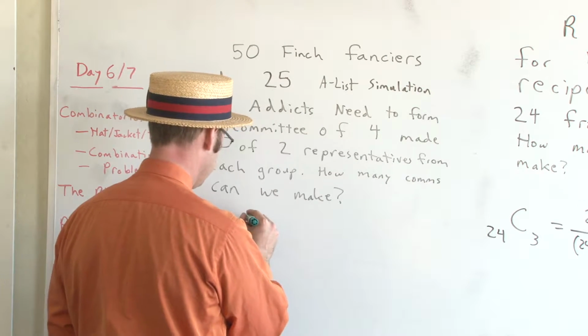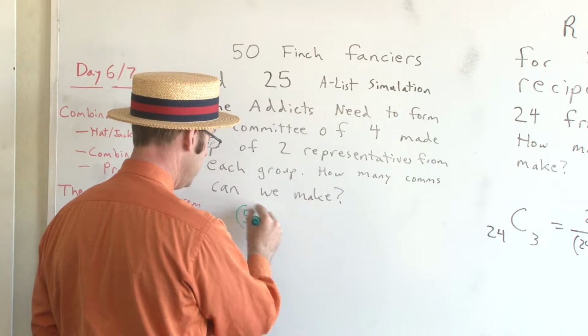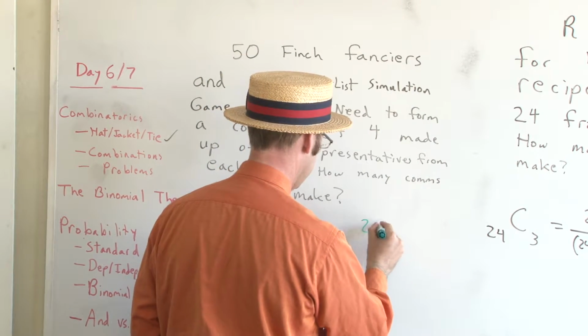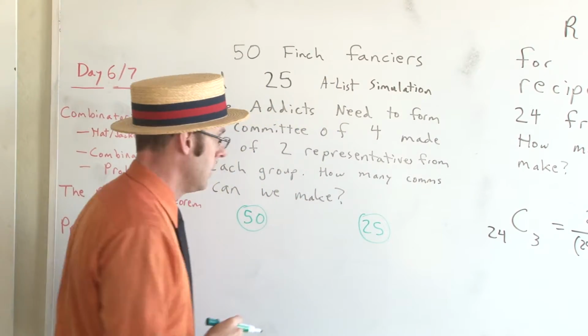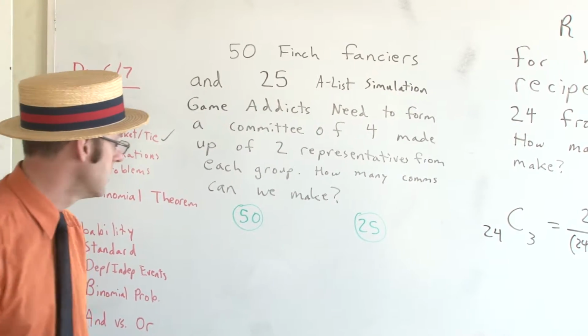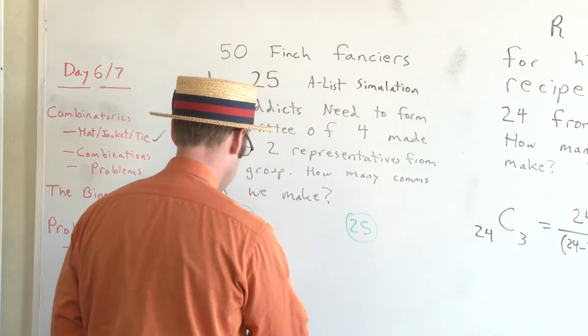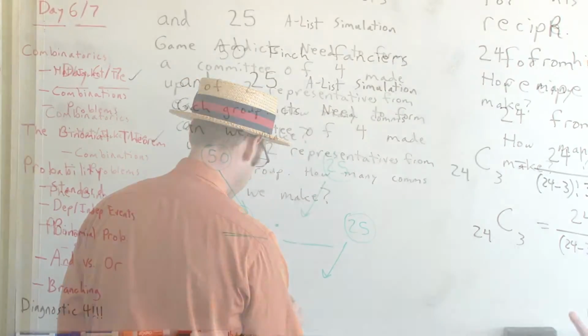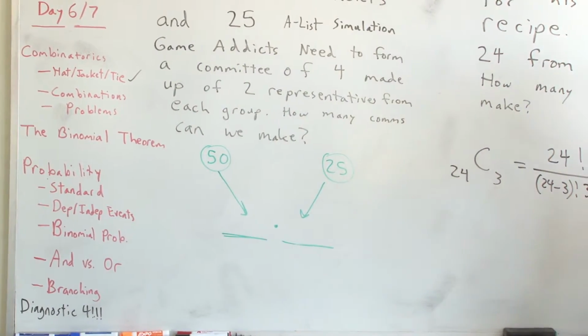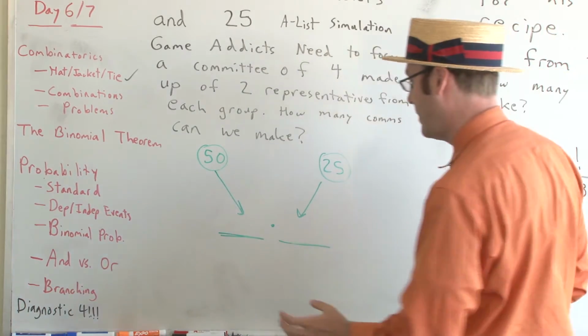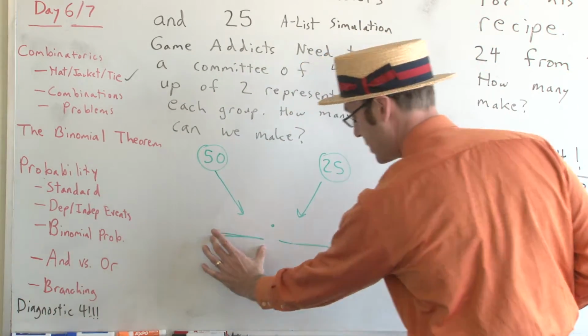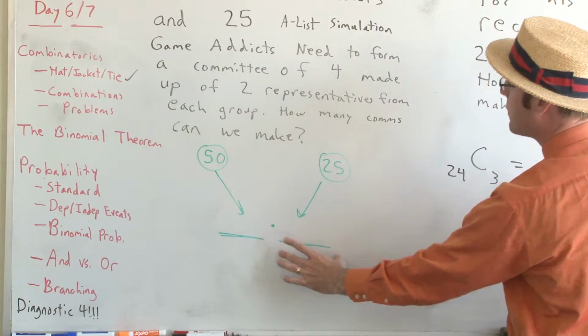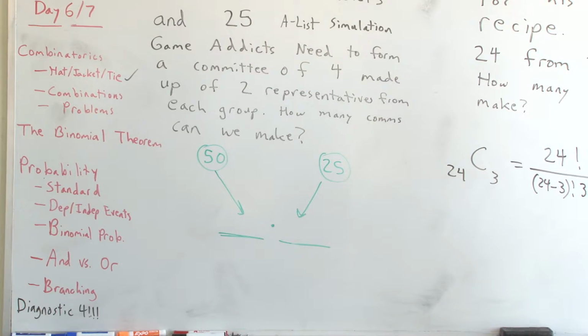So I've got this group, my 50 Finch fanciers, and I've got my A-list simulation game fanciers. And I need to make them into a group. Basically, all you're dividing it into are the part for the Finch guys, and the part for the game guys.